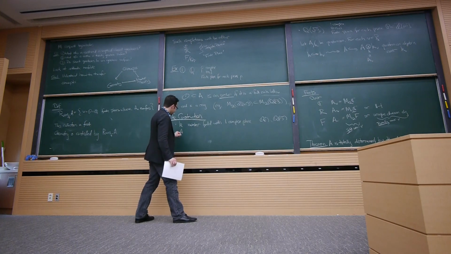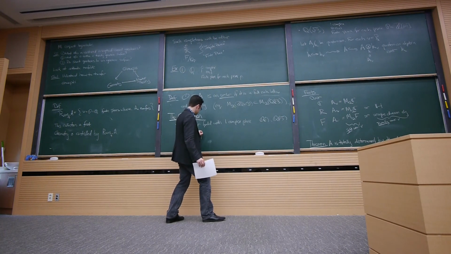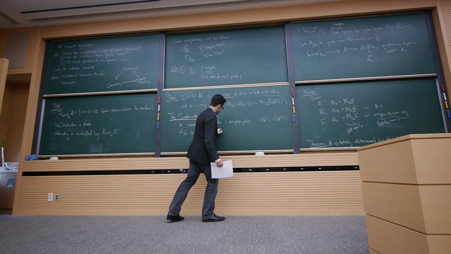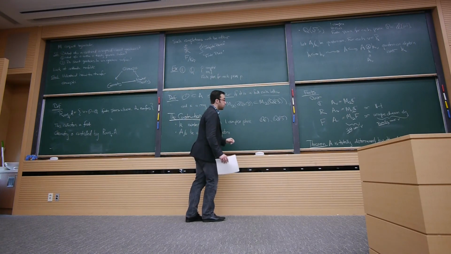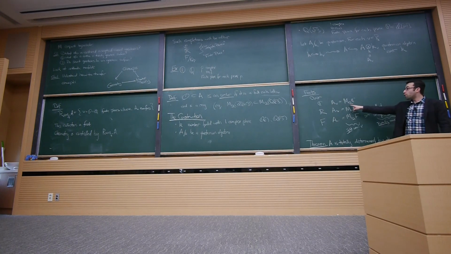You let A over K be a quaternion algebra that I can specify. It has no choice over the complex place. It's going to have to split at the complex place. But I have a choice at the real places, and I want to choose the division algebra.